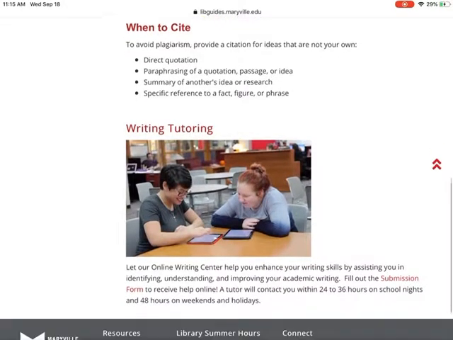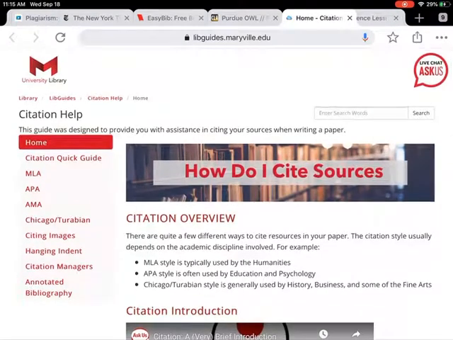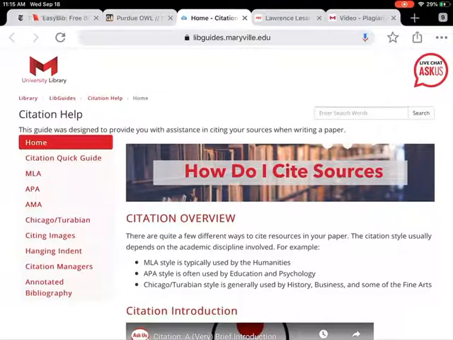So instead of having to save a few different websites, bookmark a few different websites, you can just bookmark this Citation Hub website and get everything you need, from citation quick guides to information about specific sources, how to cite images, how to create hanging indents, everything you'll need to ensure that the papers you're creating are scholarly and free of plagiarism can be found really right here in the Citation Help LibGuide.